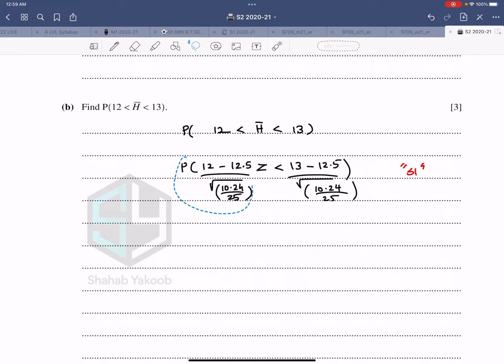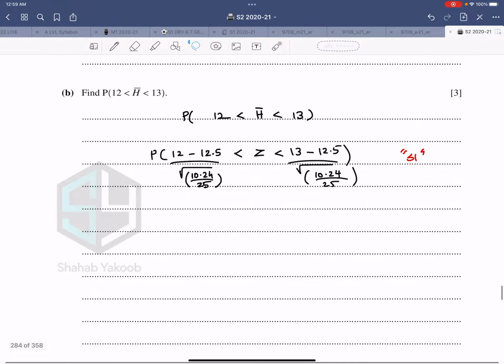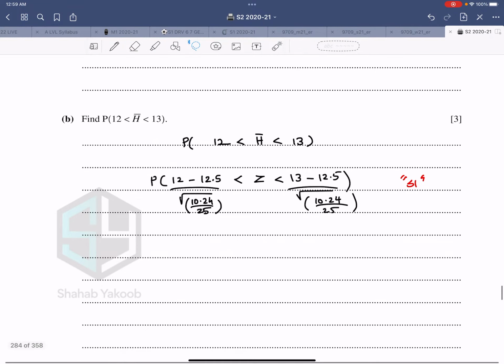Z lies between the two values, and z is somewhere in the middle. When we do the standardization, we are changing it into z.